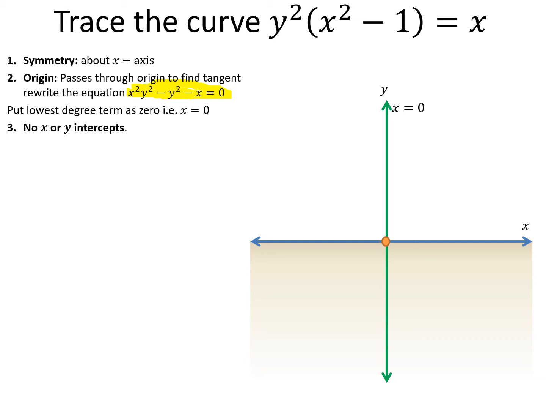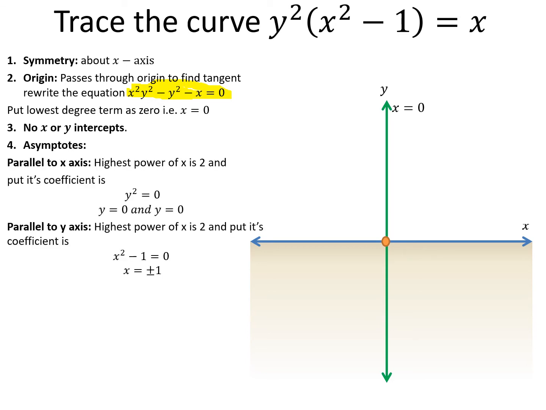Now come to rule 4, that is asymptotes. Here we have to find both types of asymptotes, that is asymptotes parallel to the x-axis and asymptotes parallel to the y-axis. To find asymptotes parallel to the x-axis, we have to find the highest degree of x.